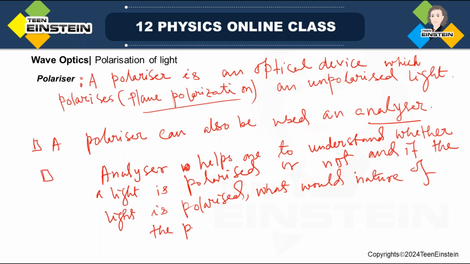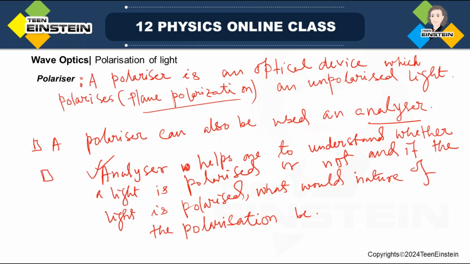So an analyzer will help you to understand whether a light is unpolarized or polarized light, and if it is polarized, what is its nature, whether it is linearly polarized, circularly polarized or elliptically polarized.